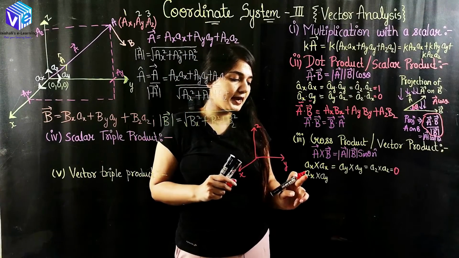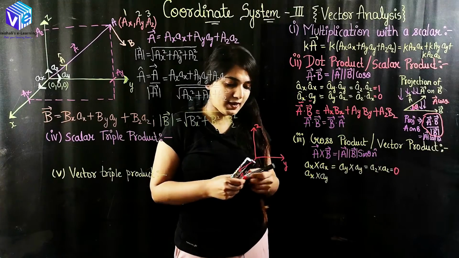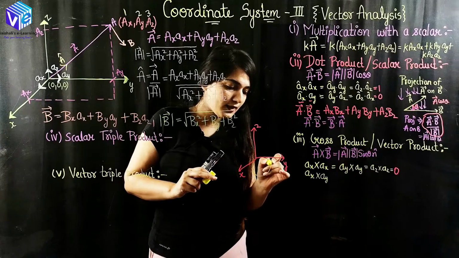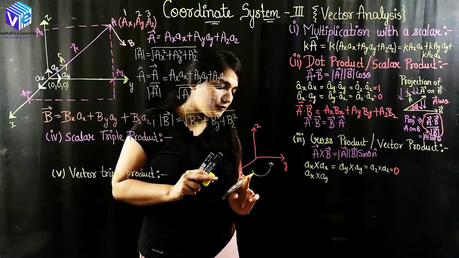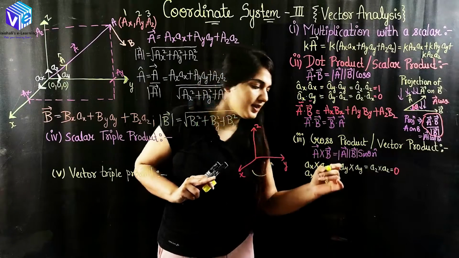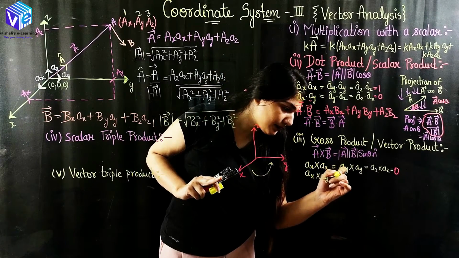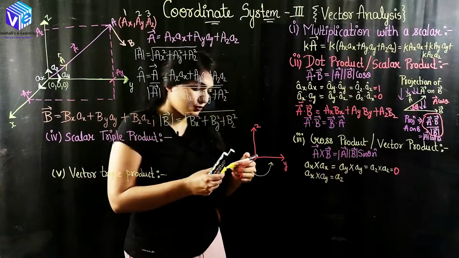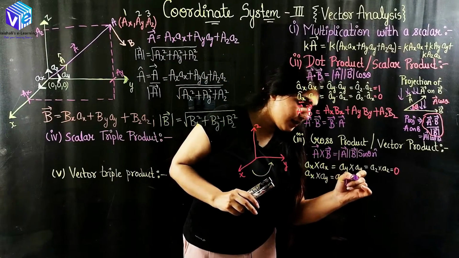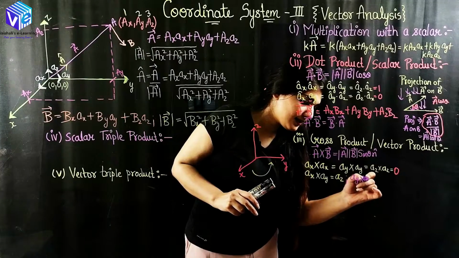If you have to find out ax cross ay, you will be moving in the anti-clockwise direction. If you are moving from x to y direction, you will be getting the z. So you will be getting az.